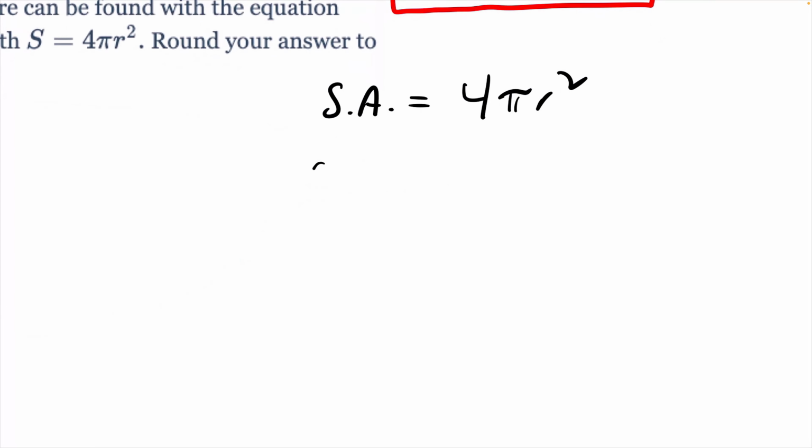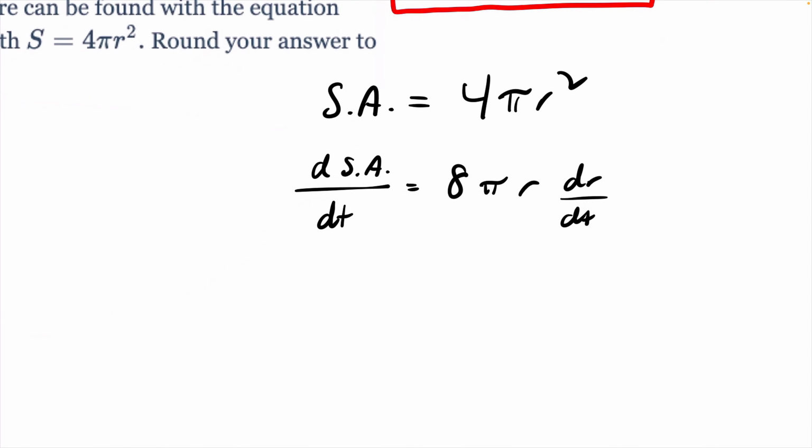Derivative, dSA over dt equals, again, we only have one variable on the right, and that's r. Pi is not a variable. So we got 8 pi r dr over dt.